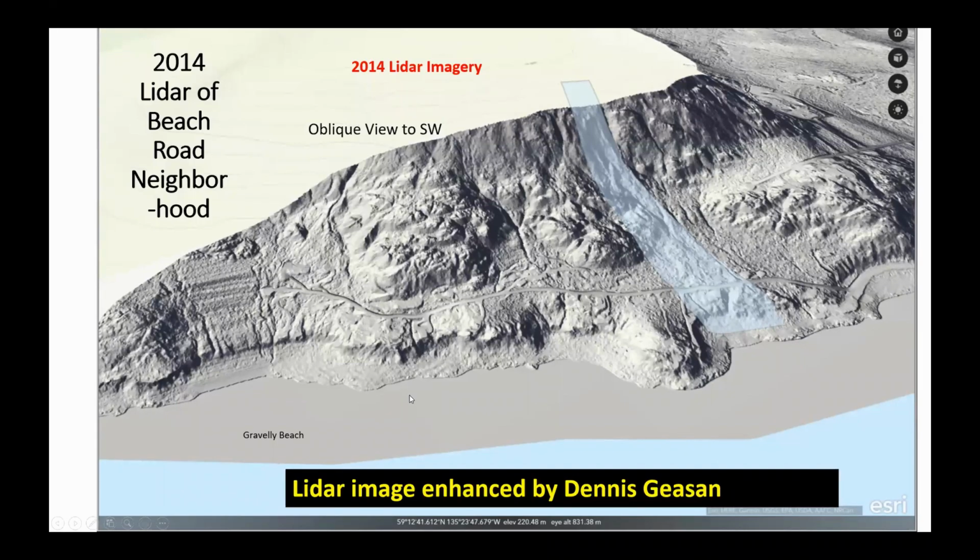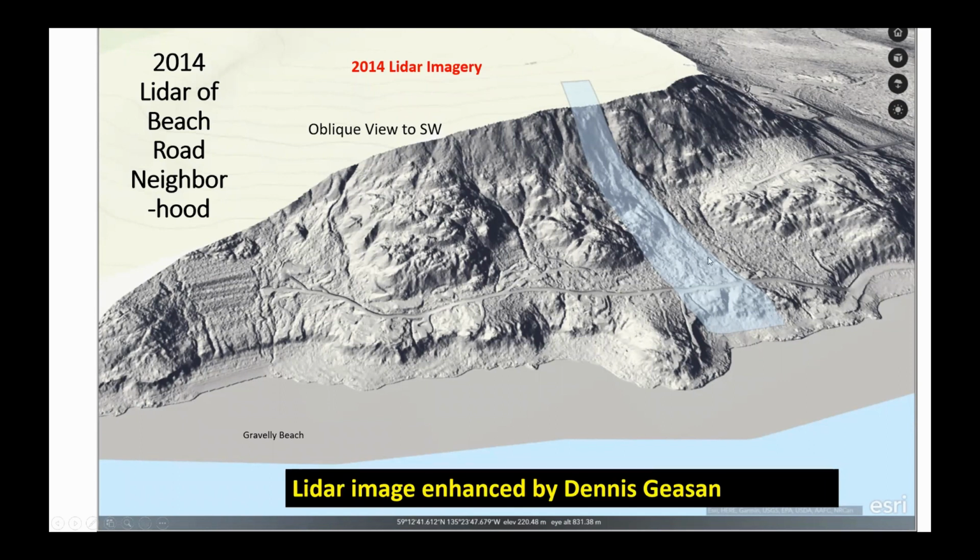So this is a picture of the Beach Road neighborhood. This is a LiDAR image. They took LiDAR imagery here in 2014 and again in 2020. LiDAR is a very detailed topographic map of an area, and they use special equipment to do it, and it's expensive and it doesn't exist everywhere.